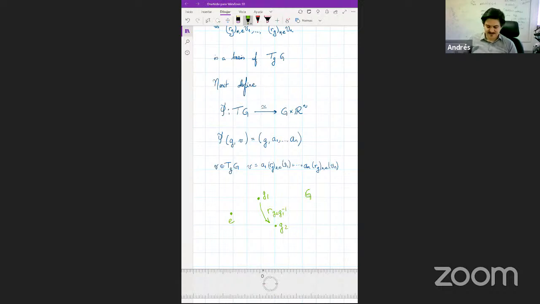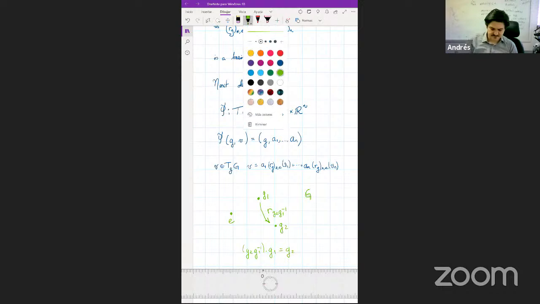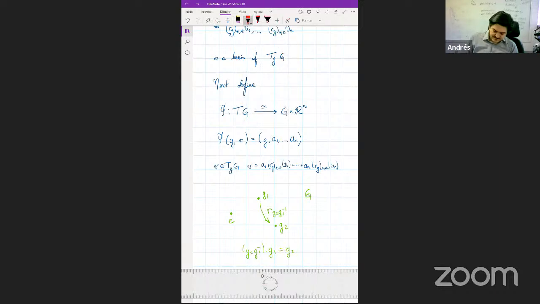Right? If you multiply G1 by this number, you get G2. So you can always do that on any group.